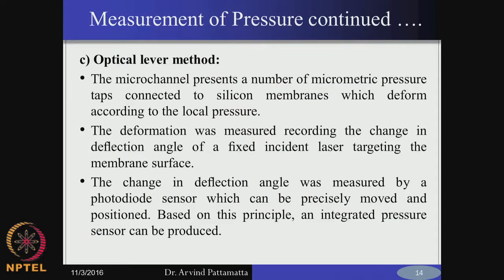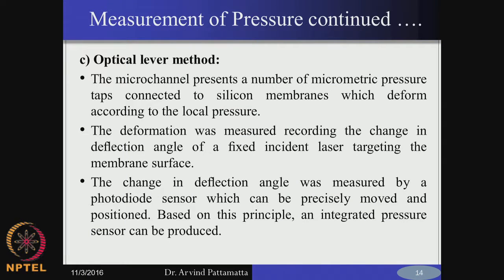Initially you do a calibration. You know the exact pressure with a pressure probe, and you know the angle which it is picking up. So, you build a calibration as a function of this deflected angle, and later on once you know the deflected angle, you can get back the pressure. Okay. So, this is the basic technique.